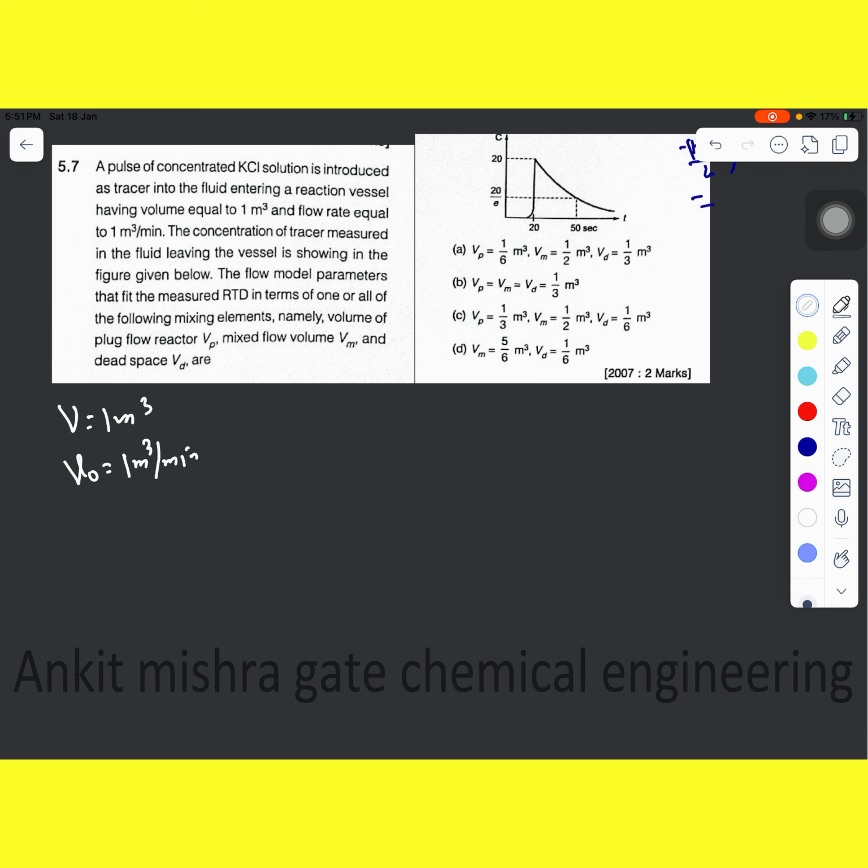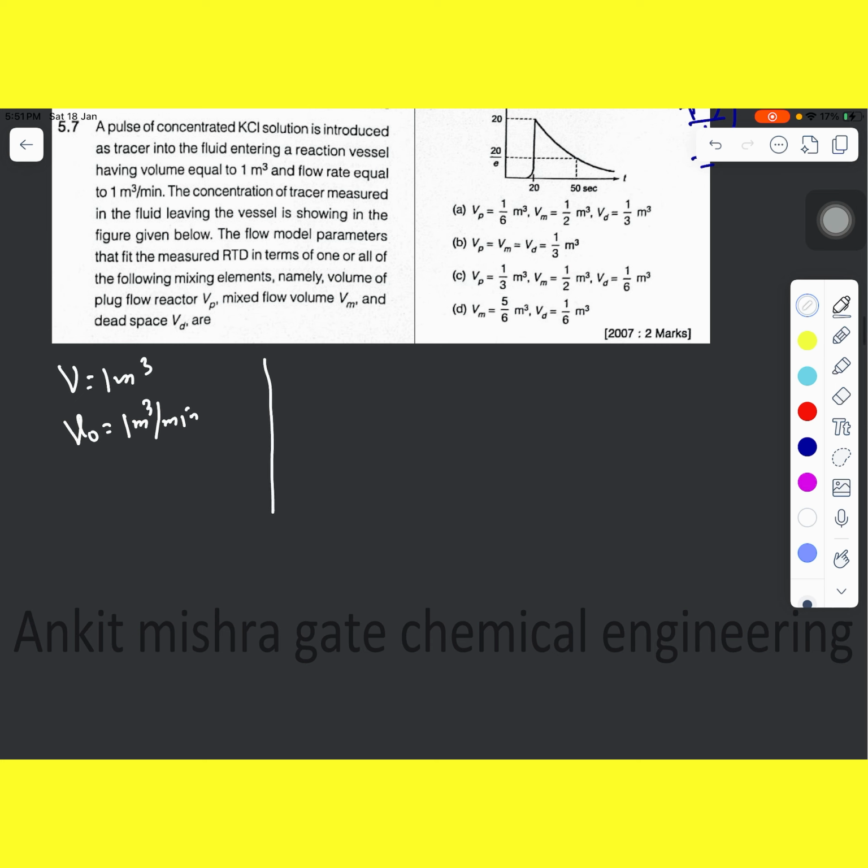And the concentration of tracer measured in the fluid leaving the vessel is shown in the figure. So the concentration response, that is C(t) versus time, is given to you. If you see, this curve is starting from 20, so 20 will be your concentration CA0, or I am assuming C0 only. C0 is given as 20, and you can see the nature of the curve: it goes and decays like that.